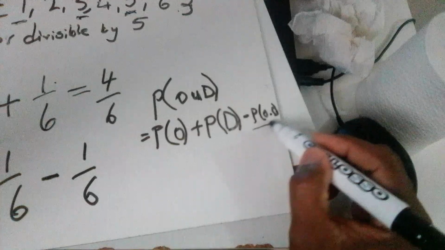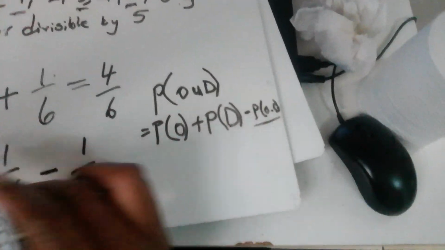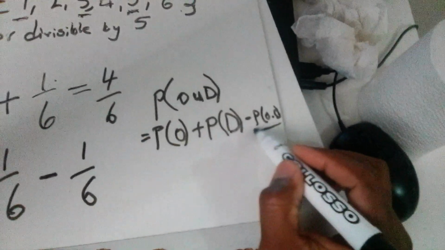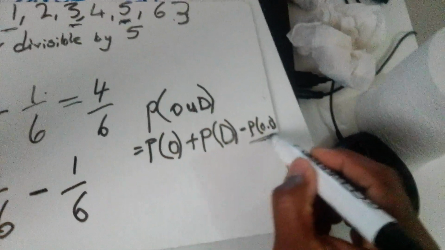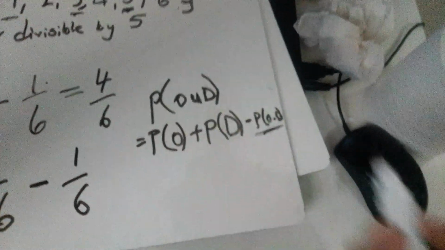So this part here helps us to deal with the problem that we have here. So this is the overlap. Isn't it that we counted 5 twice? So this will help us remove this, so that we don't count 5 twice.